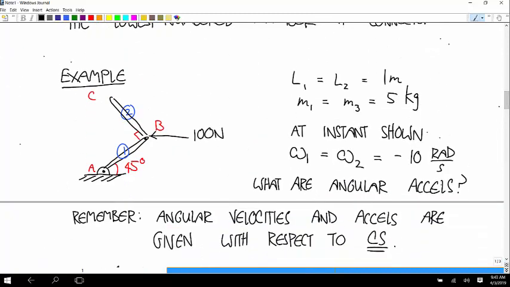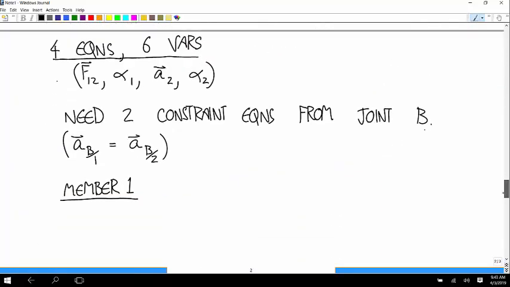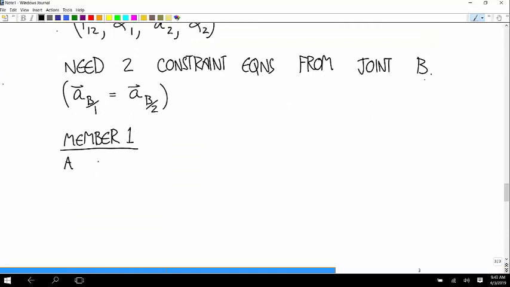If we're calculating the acceleration of this point using this body, that's just a simple circular motion because this point is fixed. And so A is fixed, so we don't need relative motion.